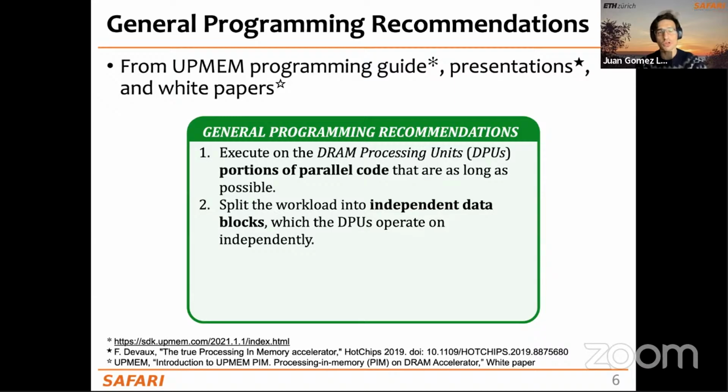The second general programming recommendation is to split the workload into independent data blocks so that the DPUs can operate independently on them. The idea here is that, same as we have just seen in vector addition, if the computation on each DPU is independent of whatever is happening on another DPU, we won't need to communicate across DPUs, because all inter-DPU communication must happen through the host CPU by using CPU-DPU and DPU-CPU transfers, as you may remember from our previous lecture.